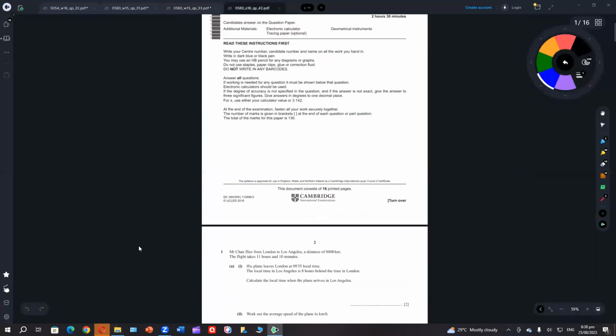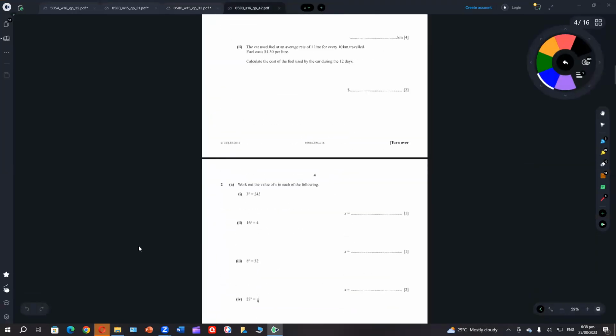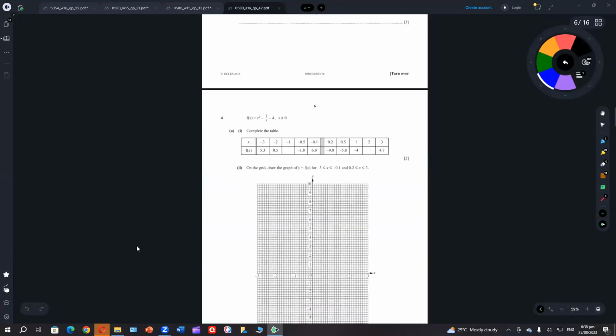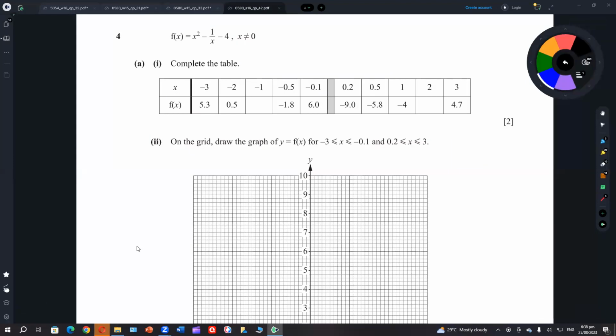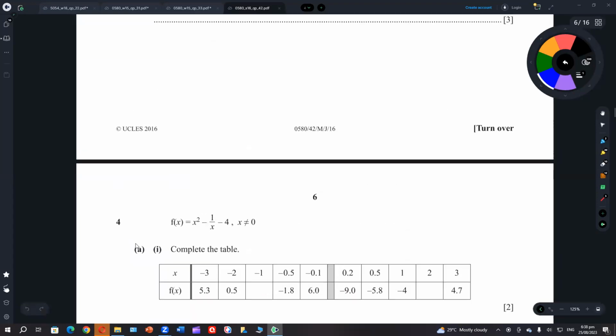Yes, question 4. f(x) is equal to x squared minus 1 upon... no, not this one. I think it's paper 43.